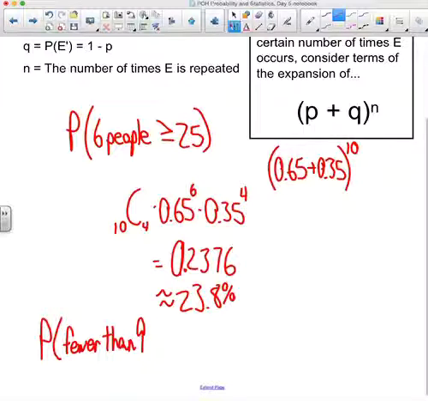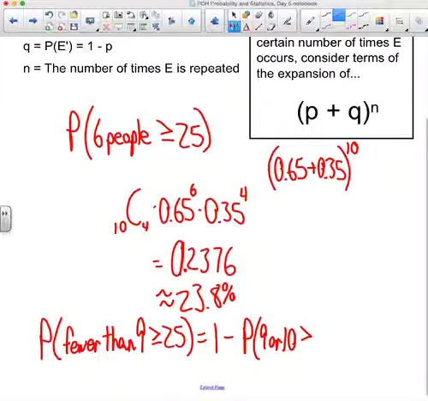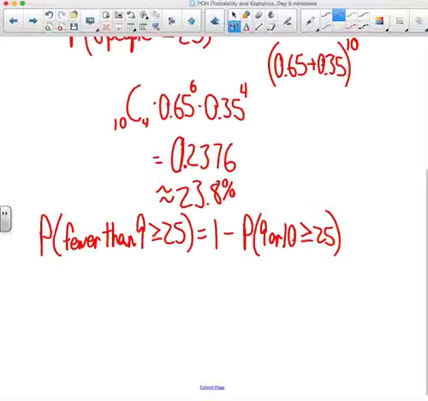That'd be 1 minus the probability that we had 9 or all 10 that were greater than or equal to 25. So here, we're only having to figure out 2 of the terms of the expansion and subtract it from 1. Here we'd have to figure out 9 terms, because you'd have to go 0 all the way up through 8. So, you save yourself a lot of work.